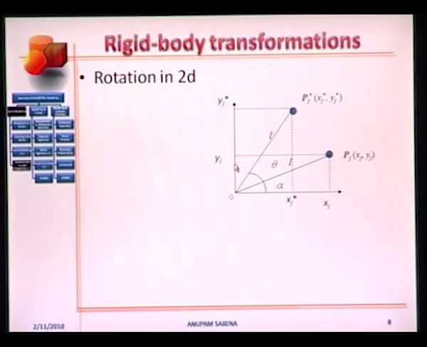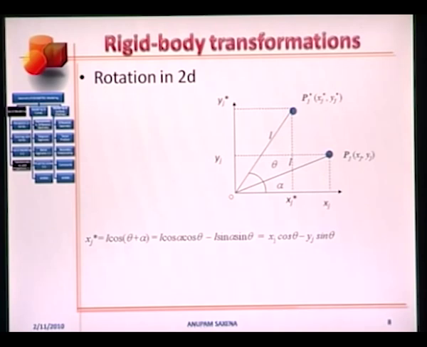This distance is yj, which is the projection of Pj on the y-axis, and this distance here is yj star, which is the projection of Pj star on the y-axis. We can write the relation between xj star, theta, xj, and yj using trigonometry.